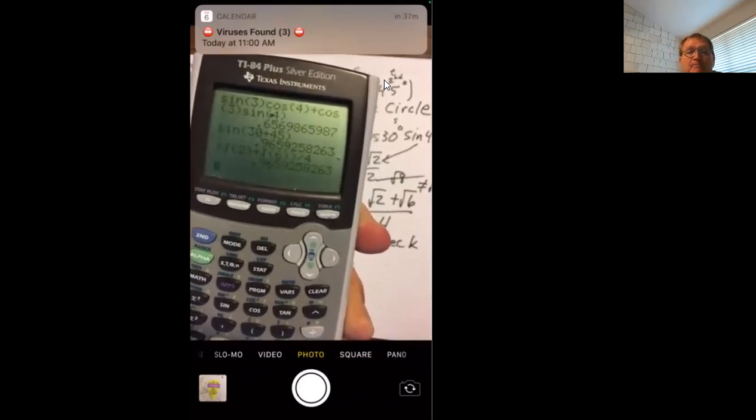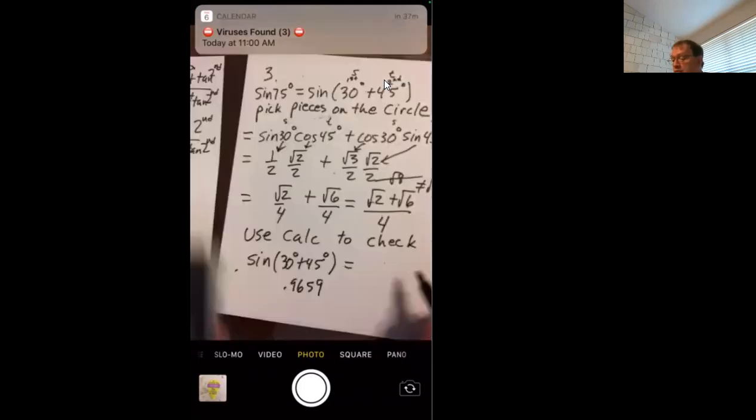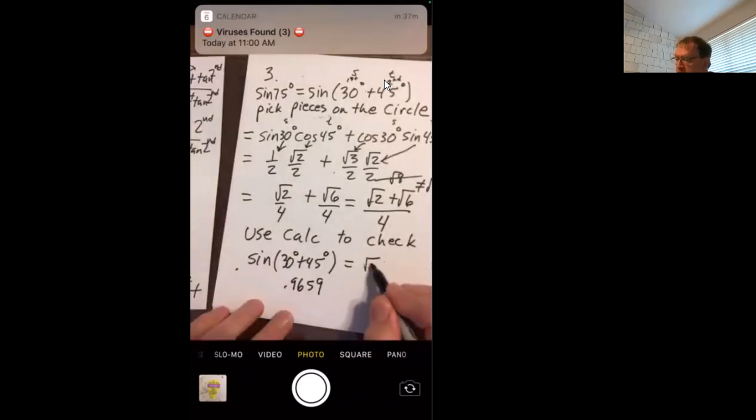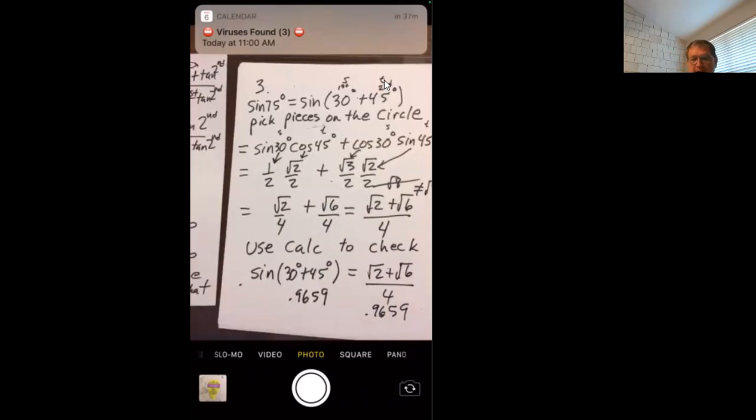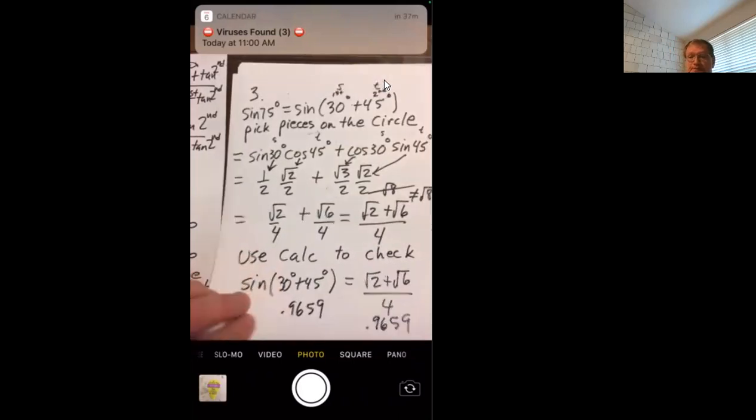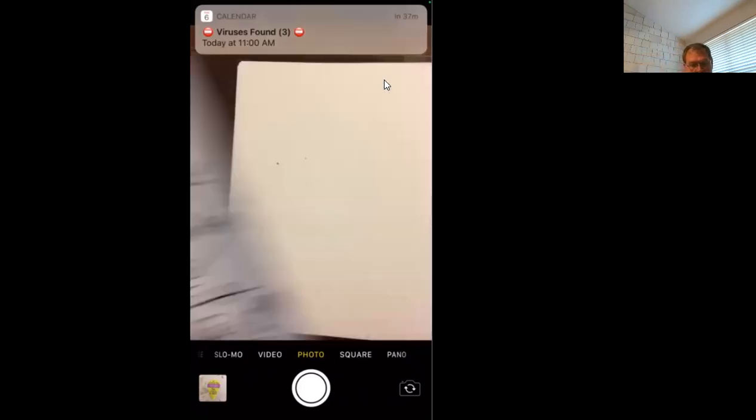Same thing, also 0.9659. I hope that proves something to somebody, not just to me. You can also check with the back of the book as well.